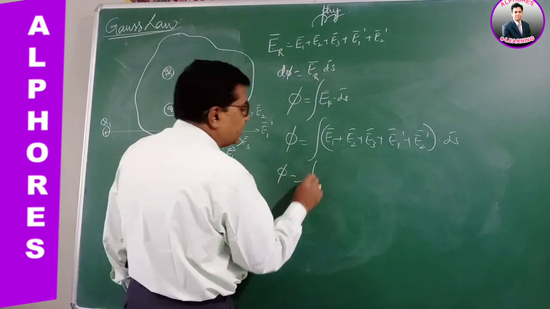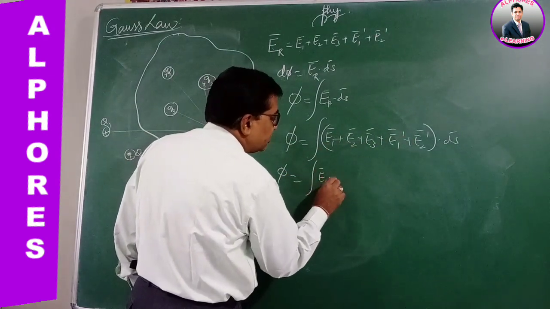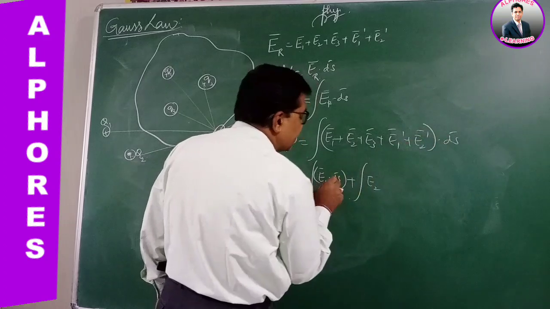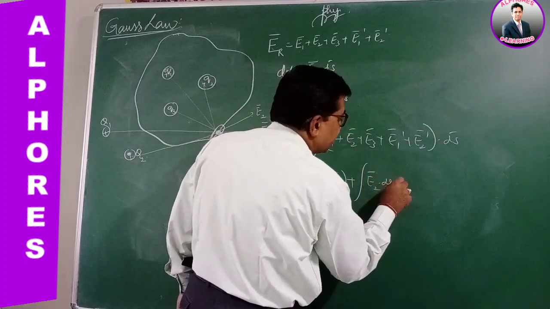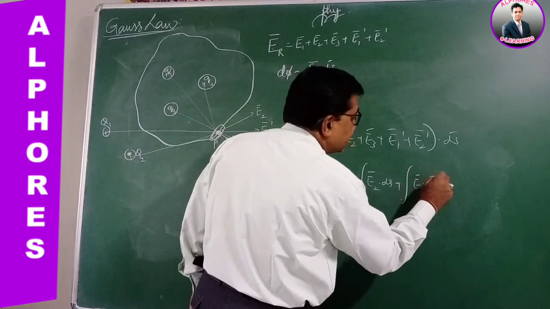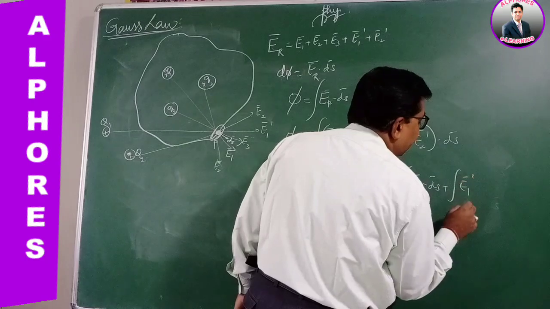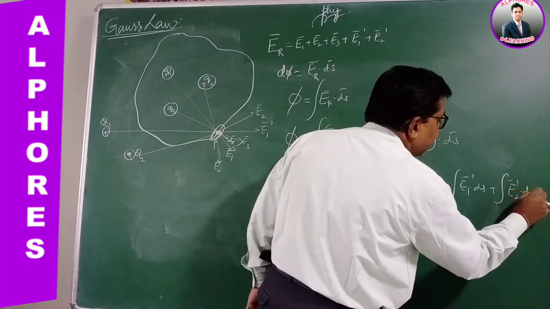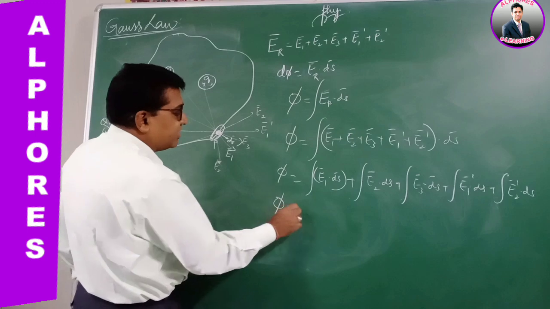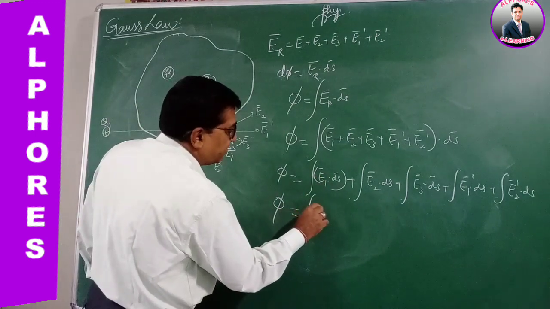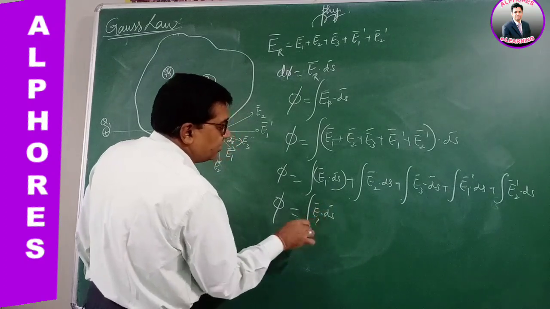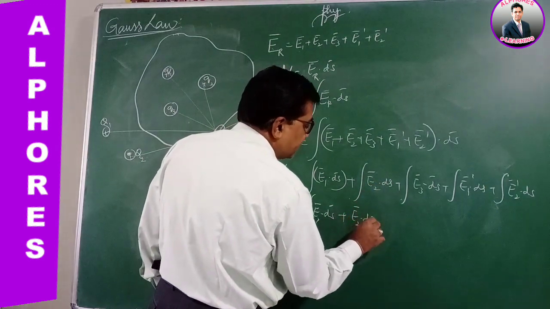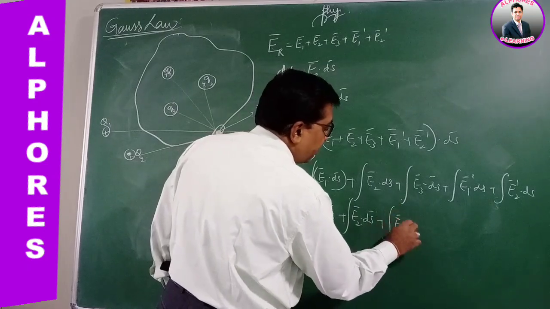So flux phi is equal to the integral of E1 bar dot dS plus integral of E2 bar dot dS, integral of E3 bar dot dS, plus integral of E1 dash bar dot dS plus integral of E2 dash bar dot dS.